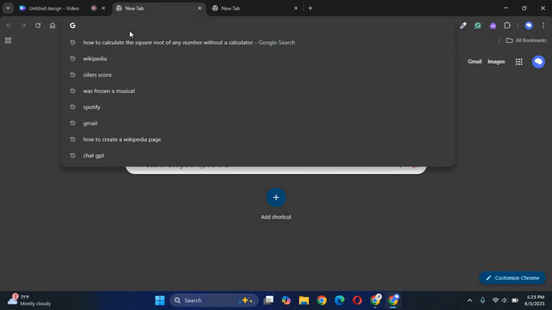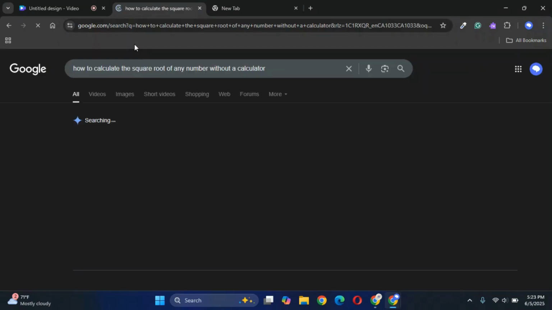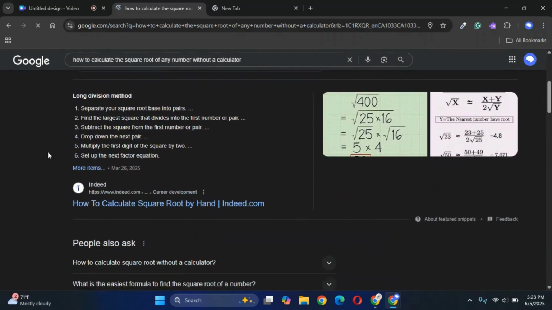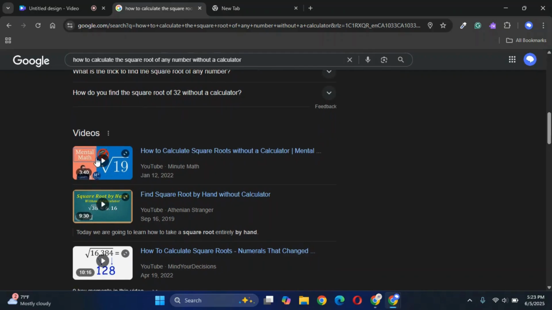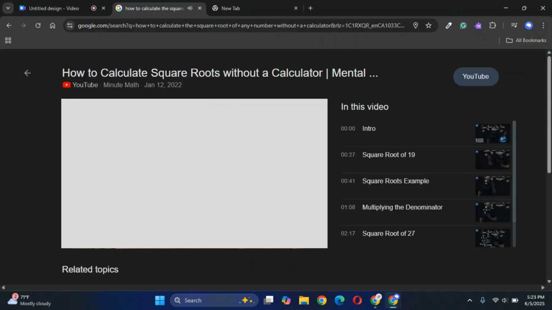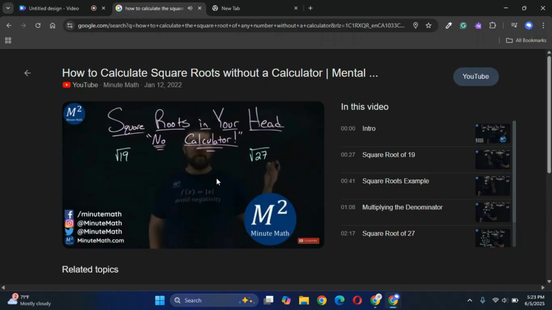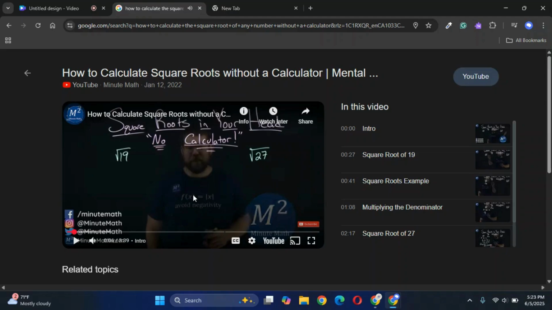First of all, I need to figure out how to calculate square roots without a calculator, because I don't have a Babylonian method. How about this? For a second, I thought this was just another Minute Earth or Minute Food thing, but never mind.